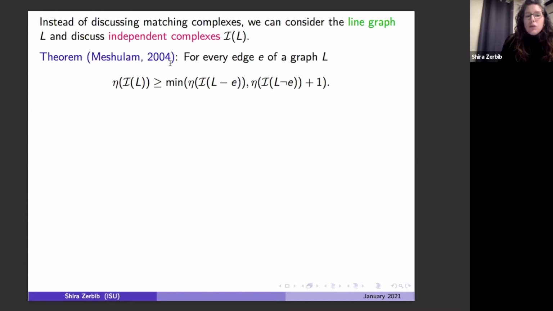And now a theorem of Meshulam tells us the following.